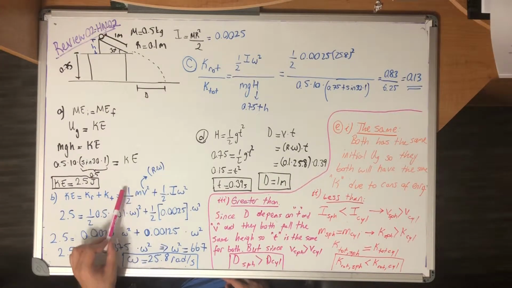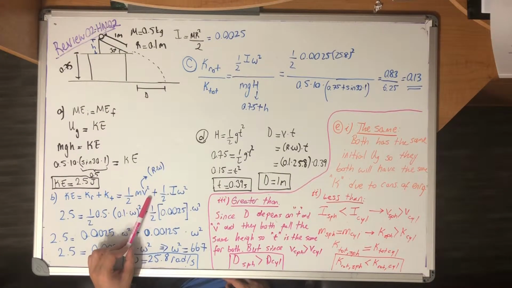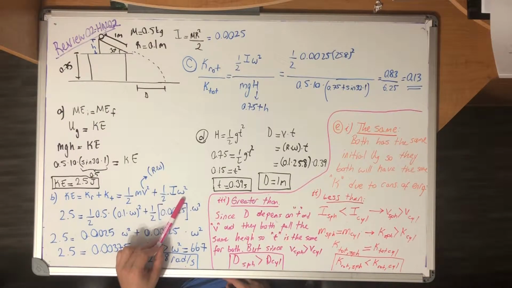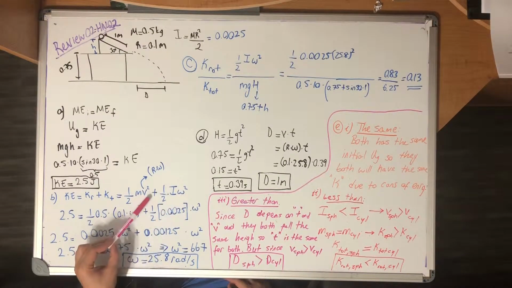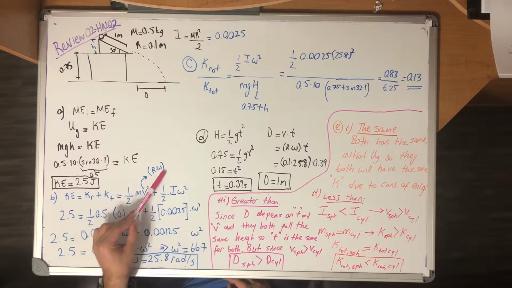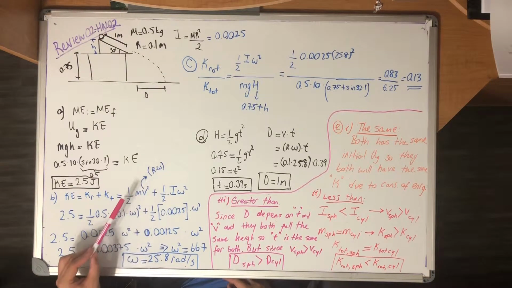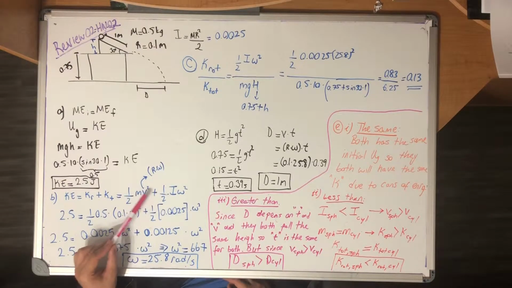So 1/2 mv squared is my translational kinetic energy, and 1/2 I omega squared is my rotational kinetic energy. But since they're asking for omega, I need to convert that v into rotational terms, and v is going to be r times omega. So all we need to do is write down all of the quantities and then solve the equation for omega.